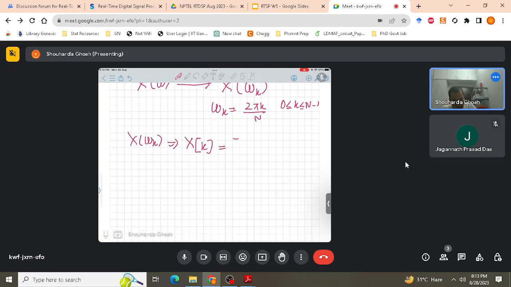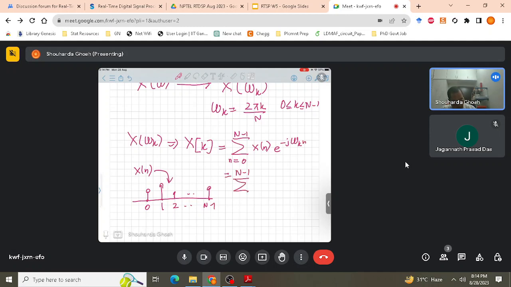X of k is summation n equal to 0 to N minus 1, because actually in this case we also assume our x[n] is finite length, 0, 1, 2, all the way till N minus 1, and in the rest of the cases the signal is absent, at 0. So we do this: x of n e to the power minus j omega k n.